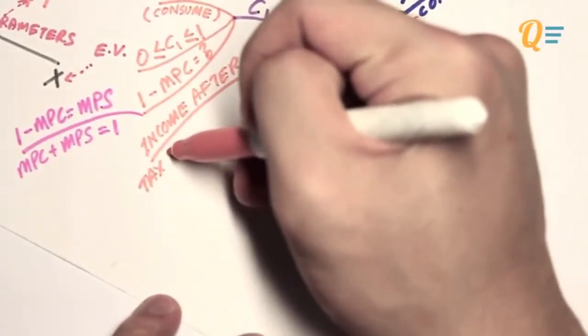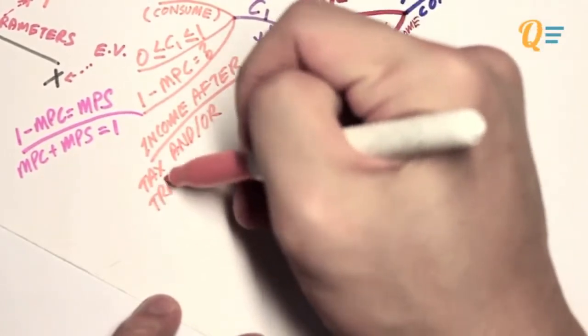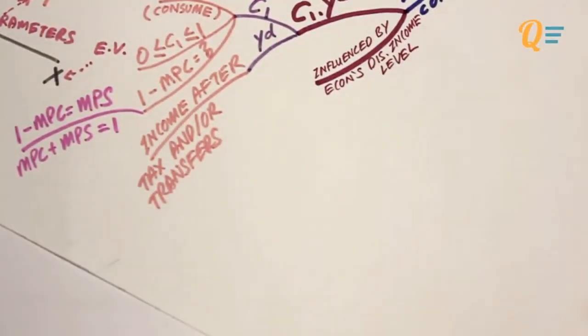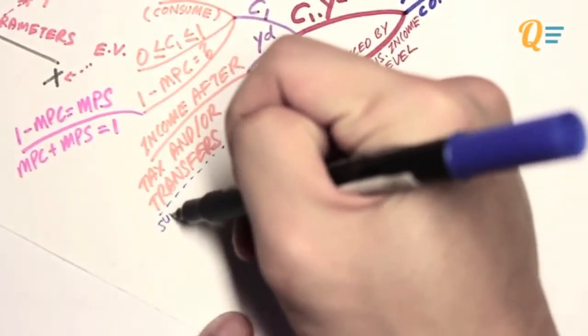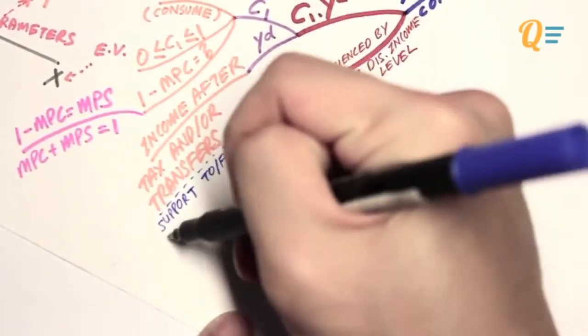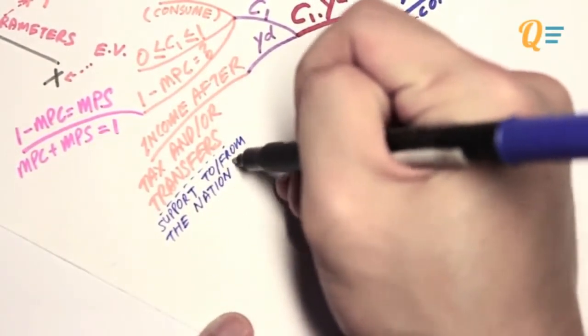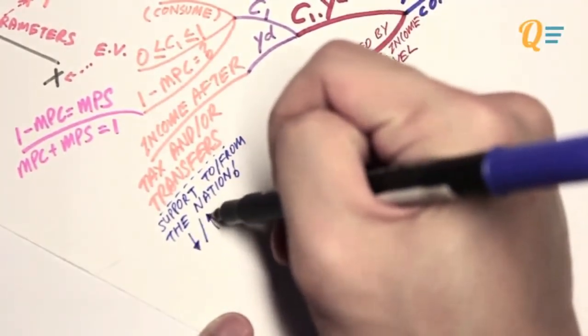Looking at disposable income in greater detail, we know that it is income after your tax, but you have to know that it is also income after transfers. So what are transfers? Transfers are basically support to or from the nation. Depending on how rich or how poor you are, you may have to give support or take support from the government.